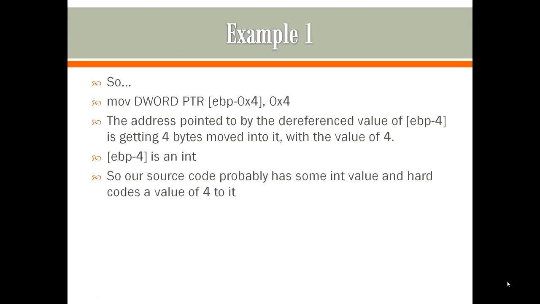So we dereference EBP-4 and move the 32-bit integer representation of the value 4 into the 4 bytes starting at that address. We can hypothesize that the source code likely has a variable hard-coded with the value 4.